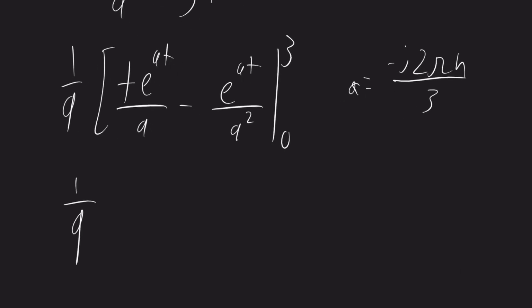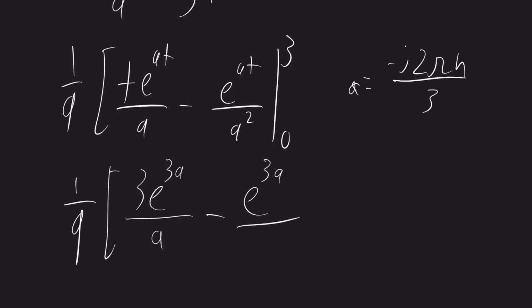So it'll be 1/9 times 3e to the 3a over a minus e to the 3a over a squared minus 0 e to the 0a over a, so that will cancel out.